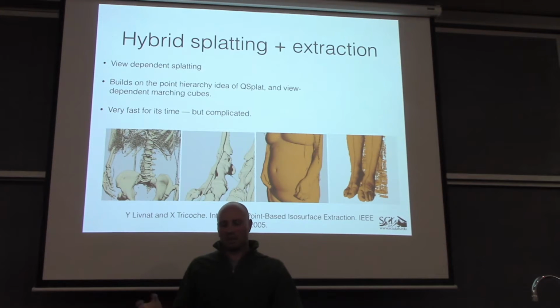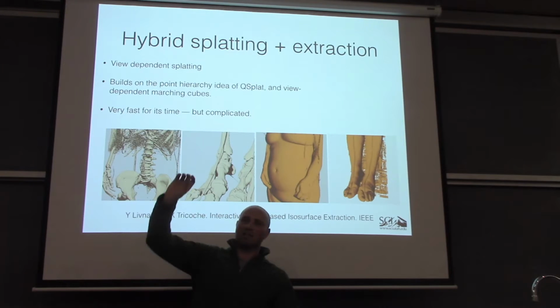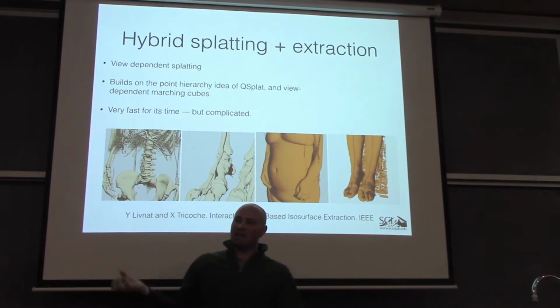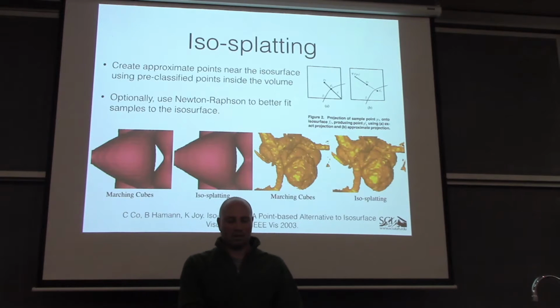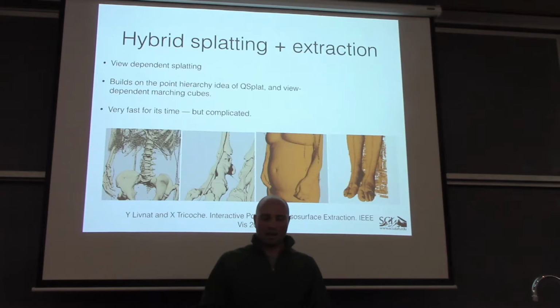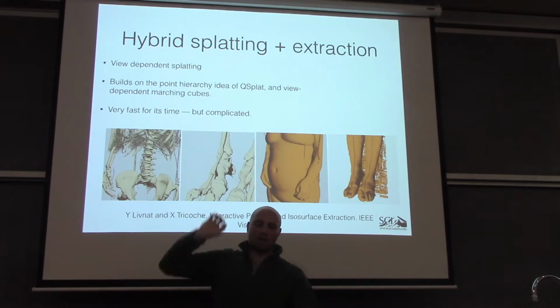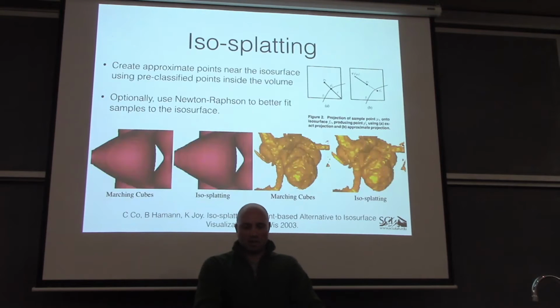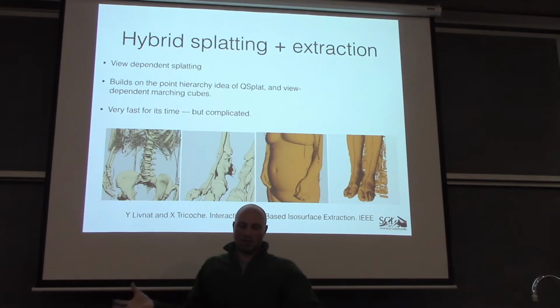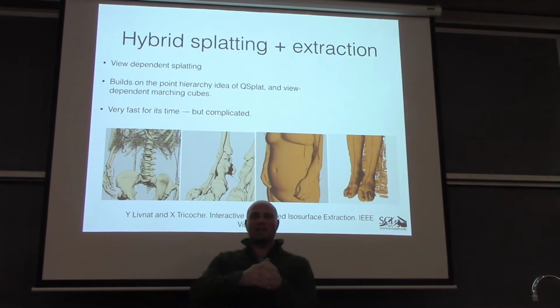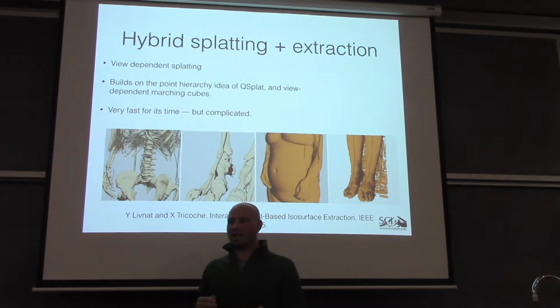And in fact, what made this paper so fast was that in regions far away from the viewer, they would use very coarse splatting like this. And in regions close to the viewer, they would use something more akin to marching cubes. And then in regions that were very, very close, they would use the marching cubes and splatting idea, so the isosplatting idea, and the Newton-Raphson iteration.